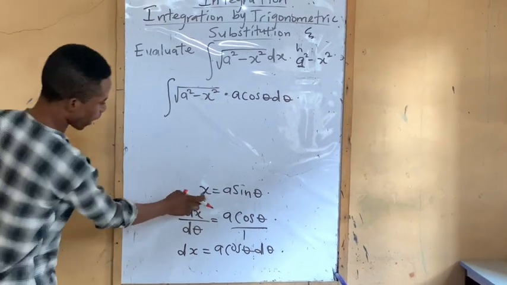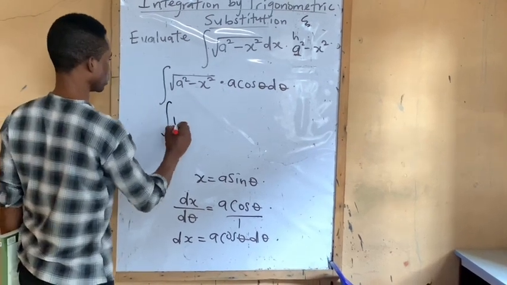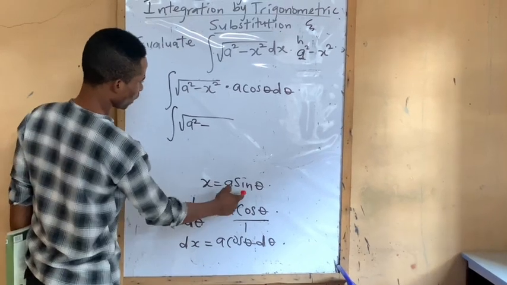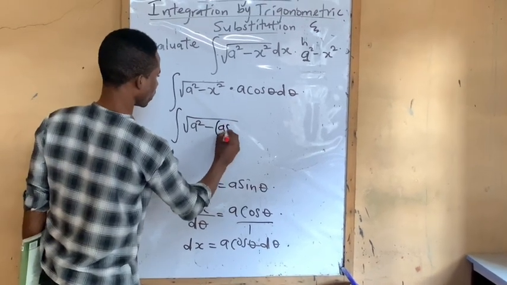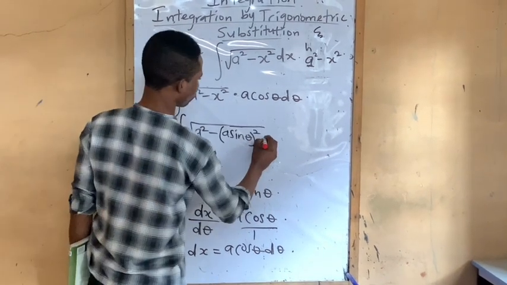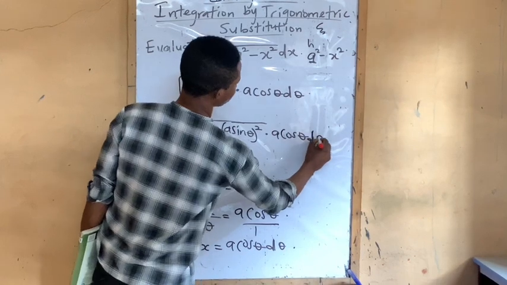And I have known my x. My x is A sin theta. That means A squared minus x squared, where x is A sin theta, I'll substitute for it: A sin theta all squared, multiplied by A cos theta d theta.